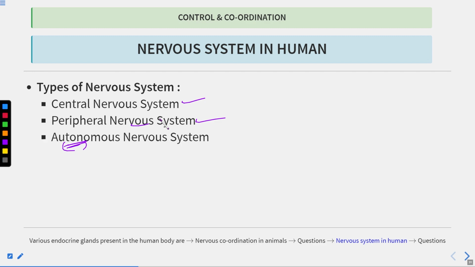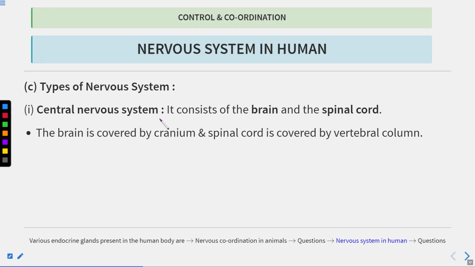Now let's first start with the central nervous system. The central nervous system consists of the brain as well as the spinal cord. The brain is covered by the cranium and the spinal cord is covered by the vertebral column. The cranium as well as the vertebral column protect the brain and the spinal cord respectively.